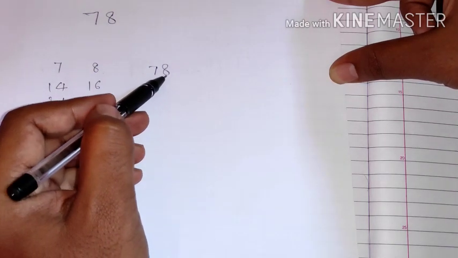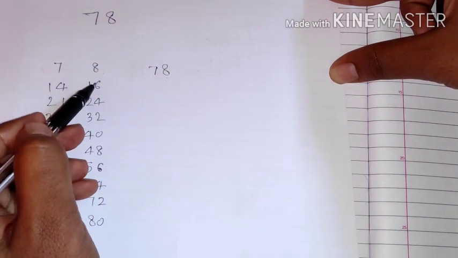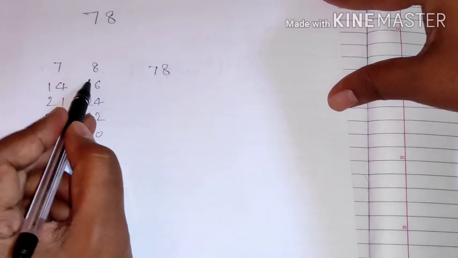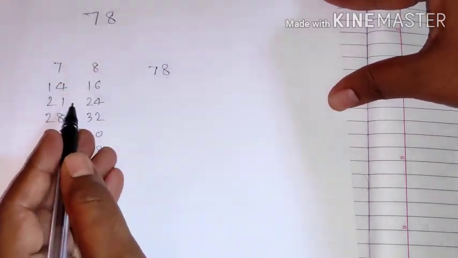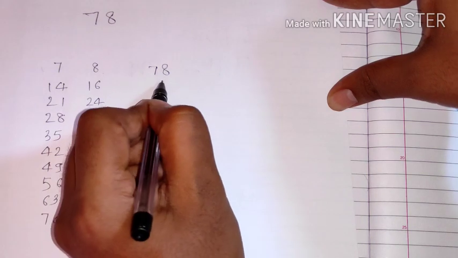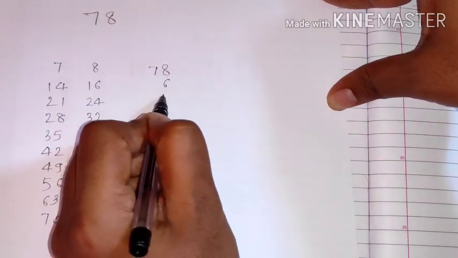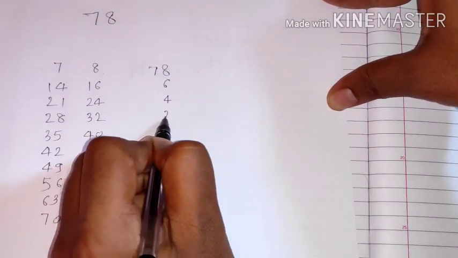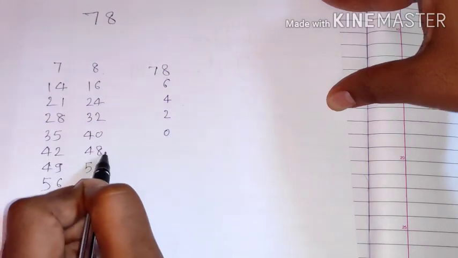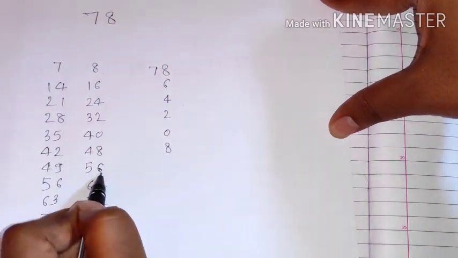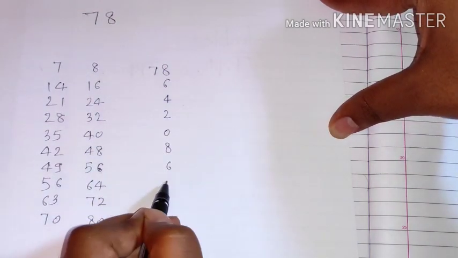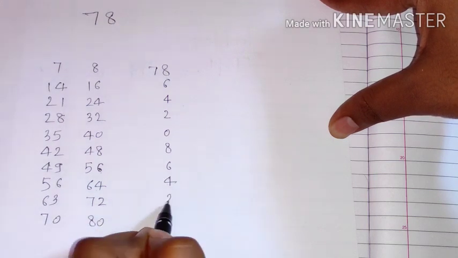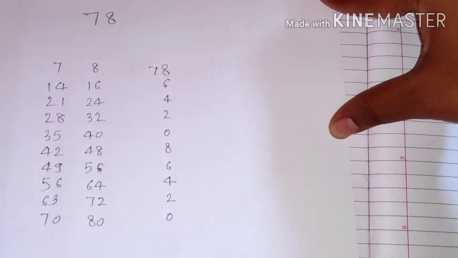So the unit place of the 78 table and the unit place of the 8 table are going to be the same. So just copying all these numbers as it is here. So let's copy 6, 4, 2, 0, 8, 6, 4, 2 and 0.